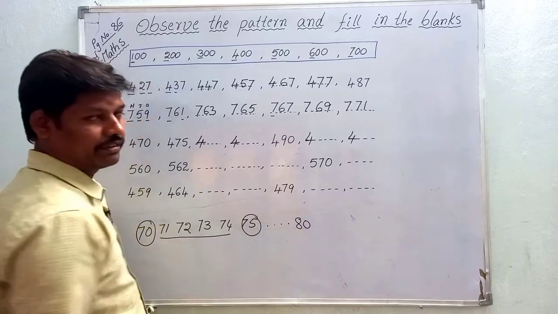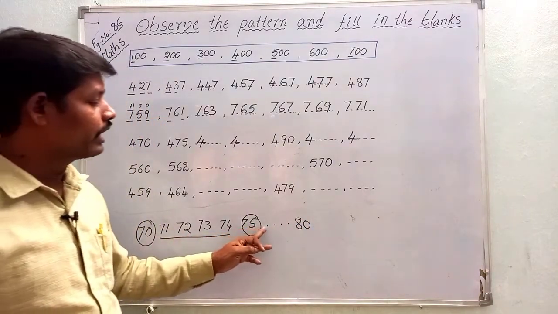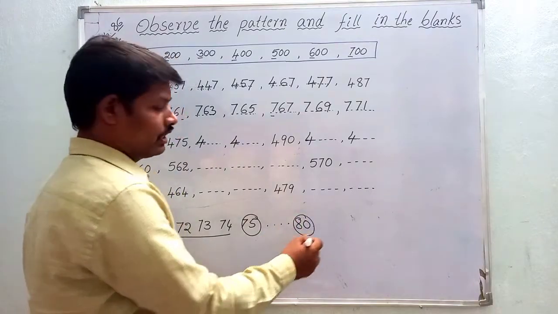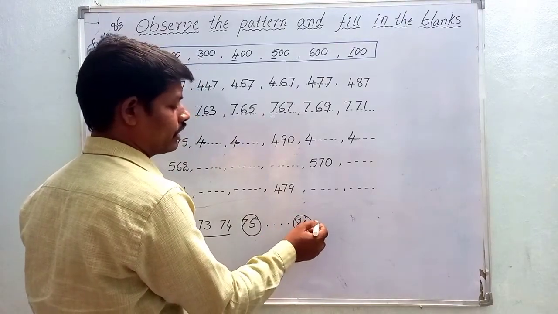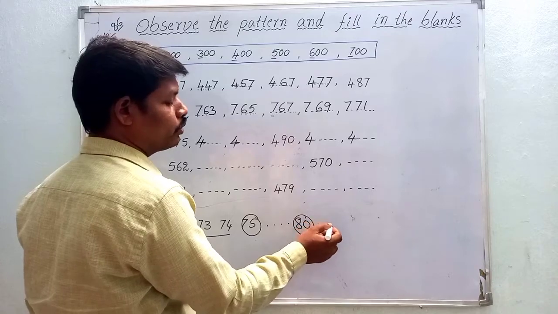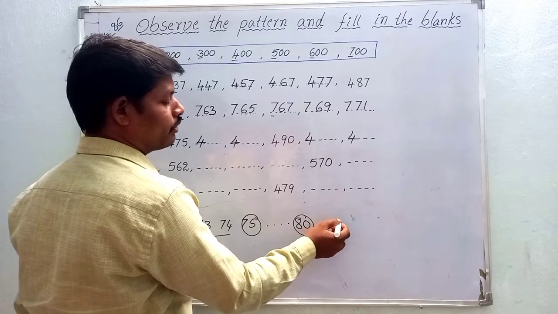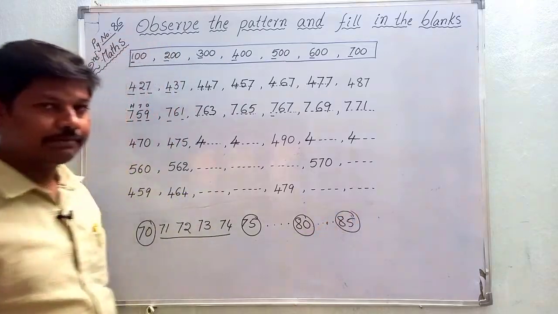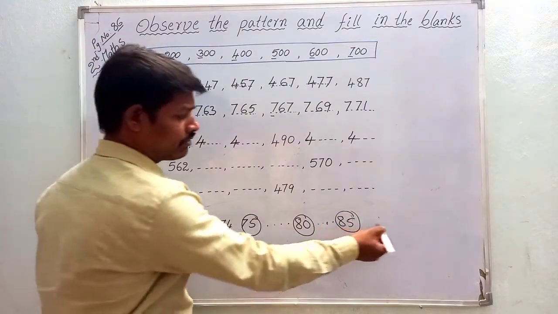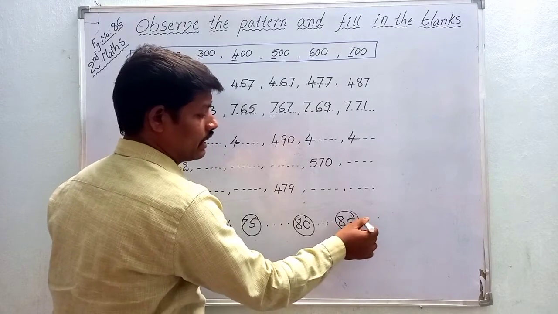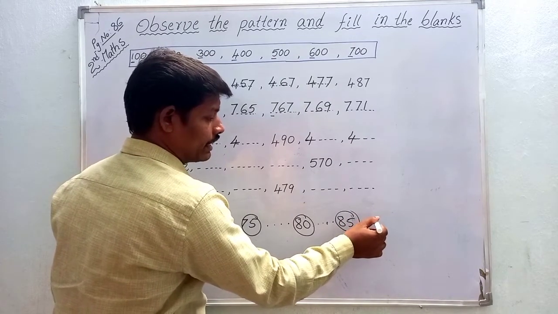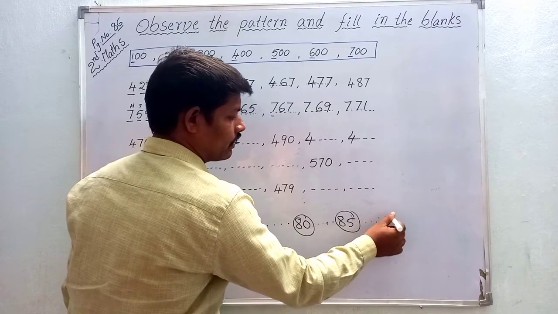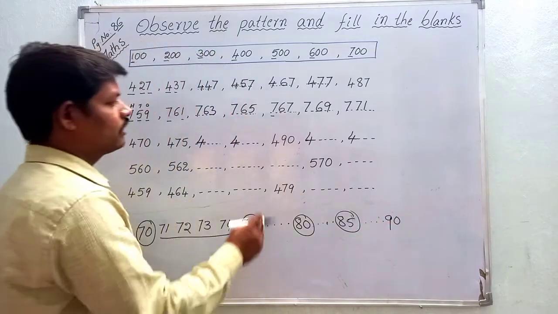Next you can leave 76, 77, 78, 79, and take 80. We left 4 numbers. Then 4 numbers we have to leave: 81, 82, 83, 84, 85. After 85, leave 4 numbers: 86, 87, 88, 89, 90.